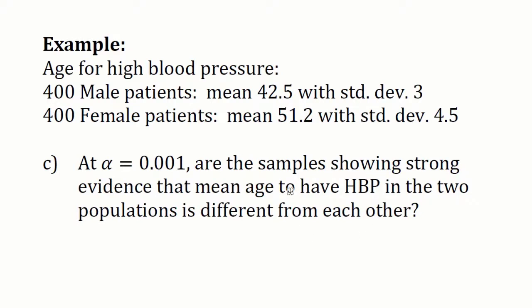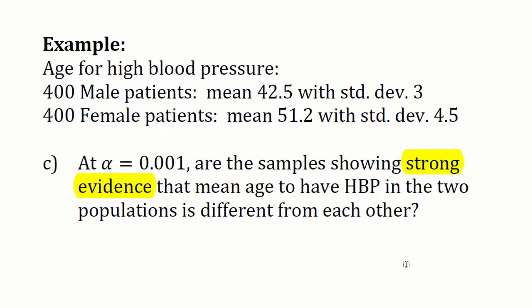Based on the wording of this kind of question, we're interested in knowing whether we're having strong evidence or not. This immediately tells us that this question brings us back to a testing a hypothesis problem.